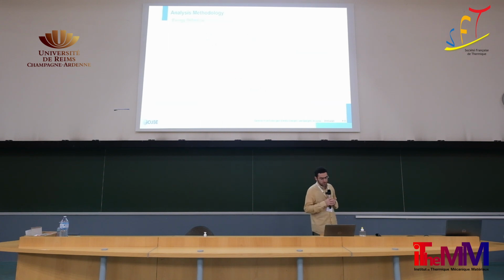Now talking about exergy, what is exergy in general? By combining the first and second laws of thermodynamics, we get the exergy balance. Exergy is the maximum amount of work that can be produced by a stream or a system as it is brought to equilibrium with the reference environment. In other words, exergy is a measure of the available energy.